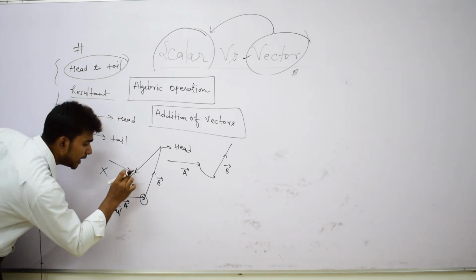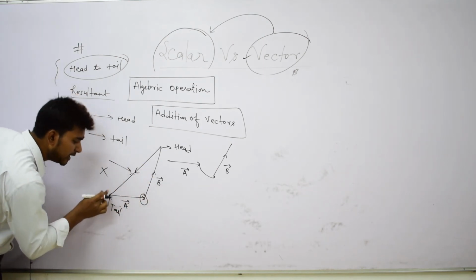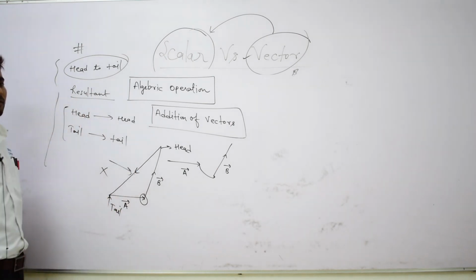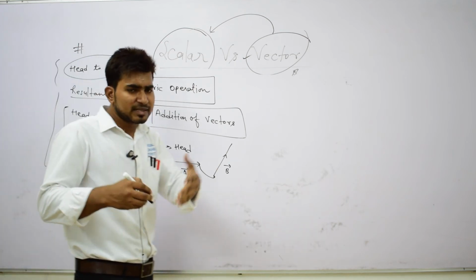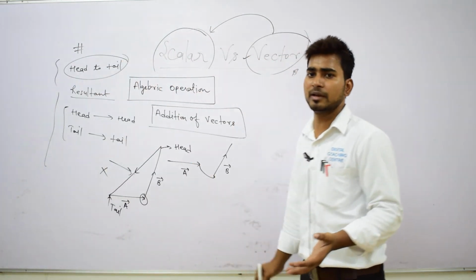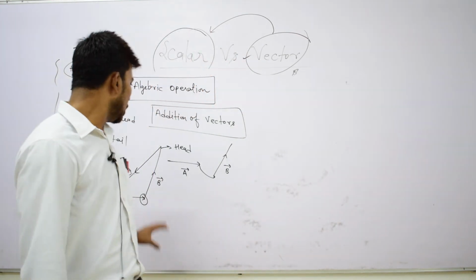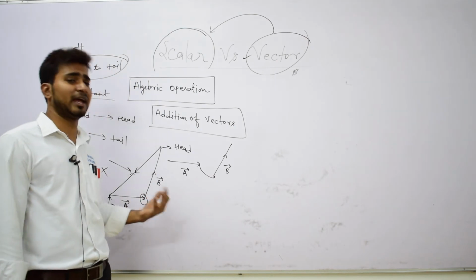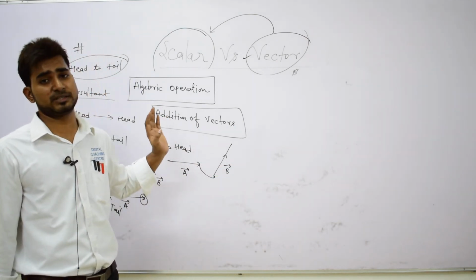Always the head of the resultant vector will be towards the head of the vector and the tail of the resultant vector will be connected to the tail of the particular vector. Whenever any symmetry or figure is given, the resultant vector will always be the closing side of that particular figure, whether it is a triangle or any other polygon. So this is very important and you need to understand it.